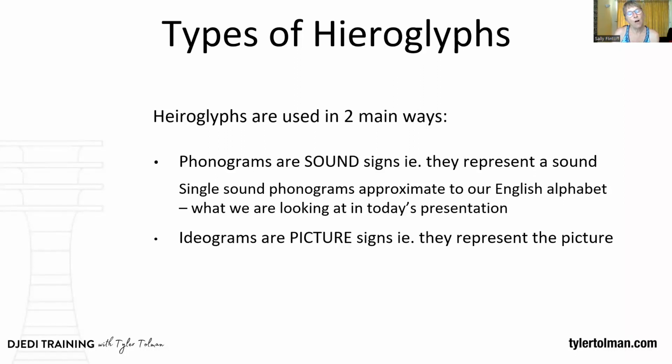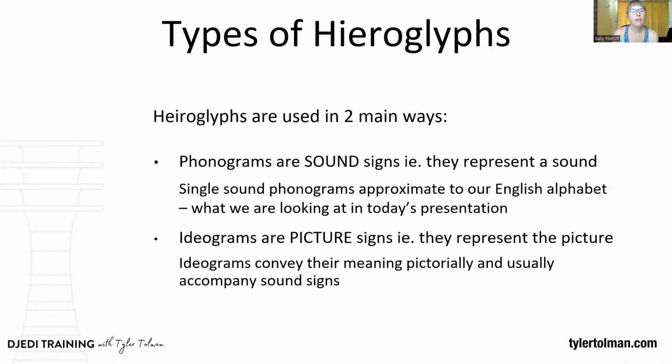The second type of hieroglyphs are ideograms, and these are picture signs. So the actual hieroglyph represents the picture of what it is. They convey their meaning pictorially, and usually they accompany sound signs or phonograms.